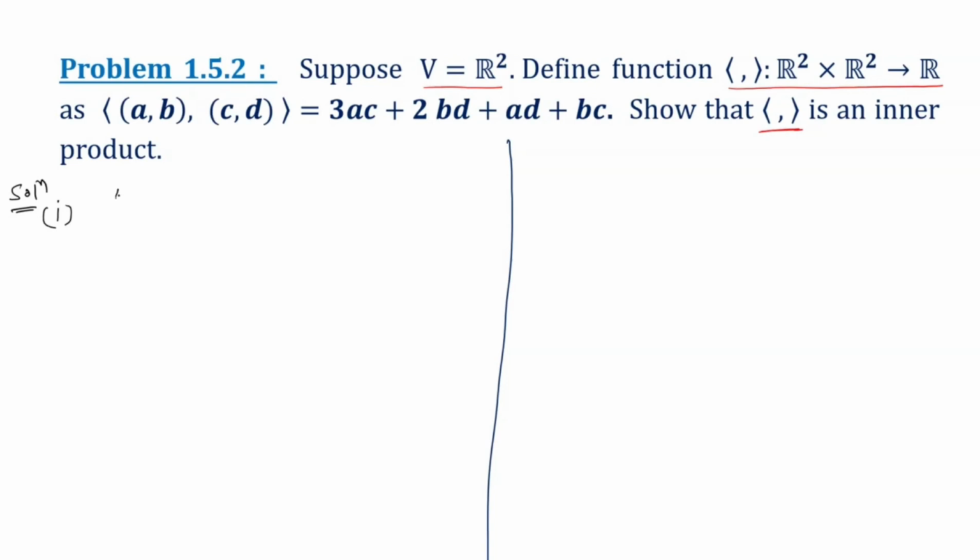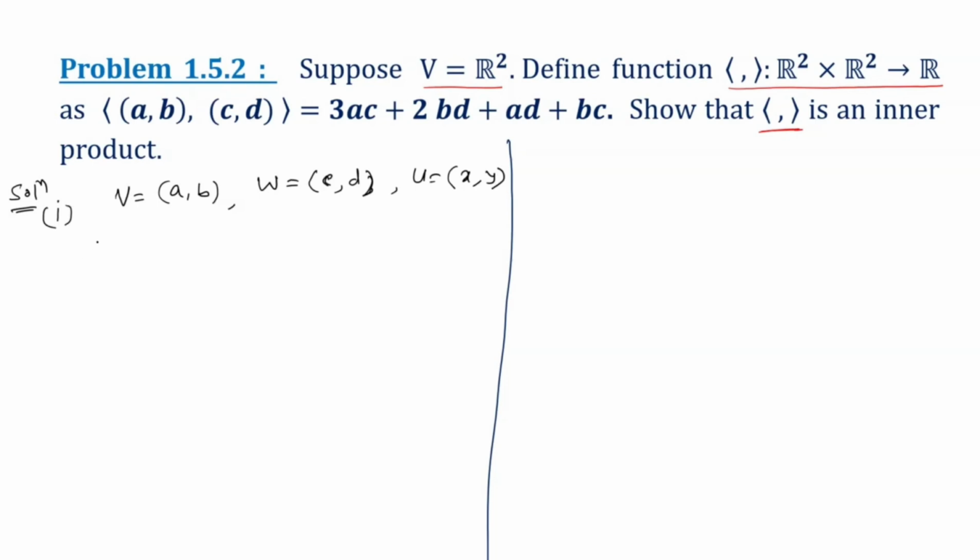First we take v equal to (a, b) and w equal to (c, d), and for later purposes we take u equal to (x, y).